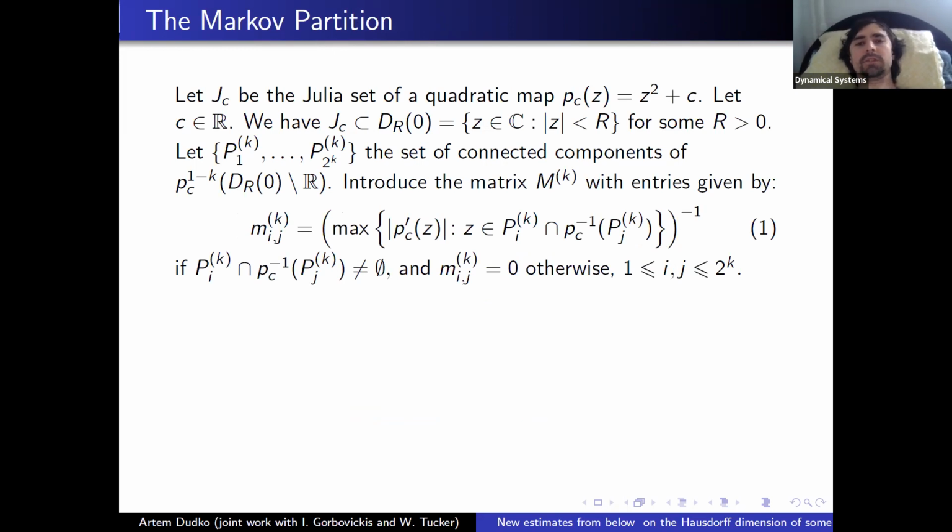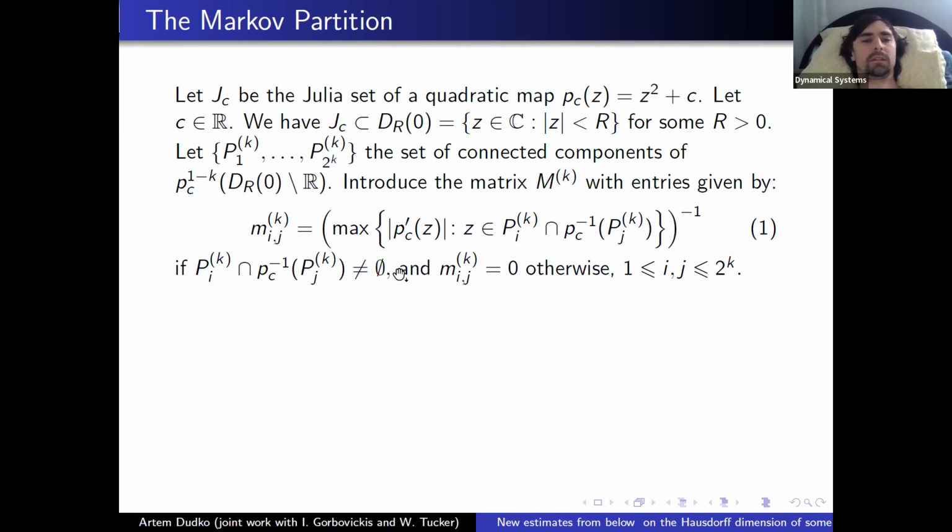Using this partition, we introduce the so-called McMillan matrix M_k. Its entries are maxima of the derivatives of preimages of pieces of the Markov partition inside other pieces.